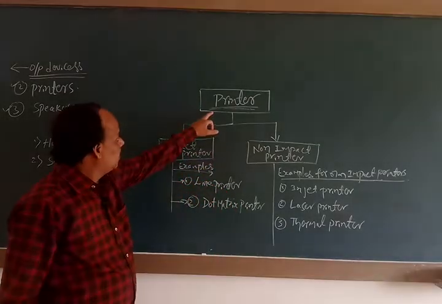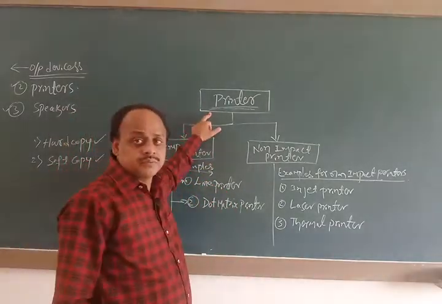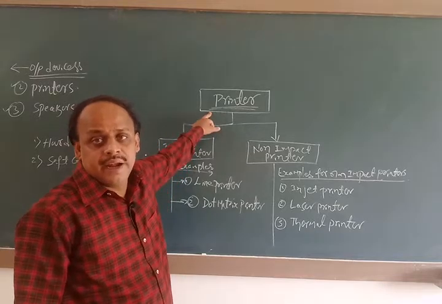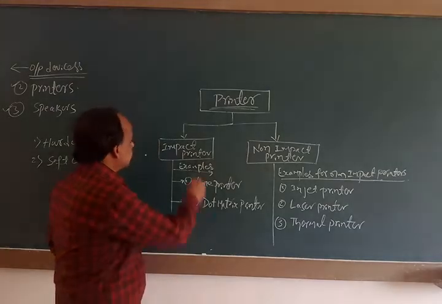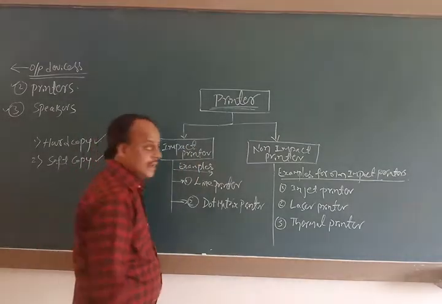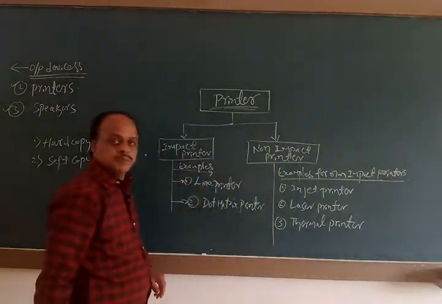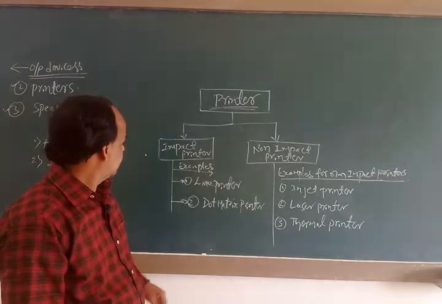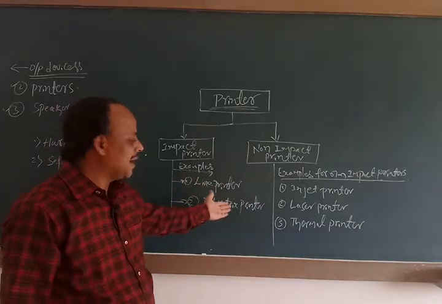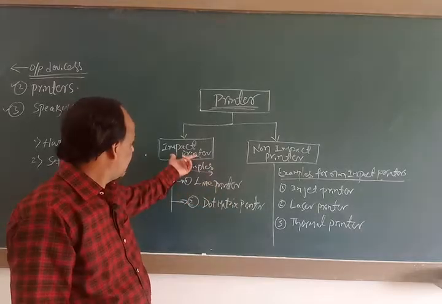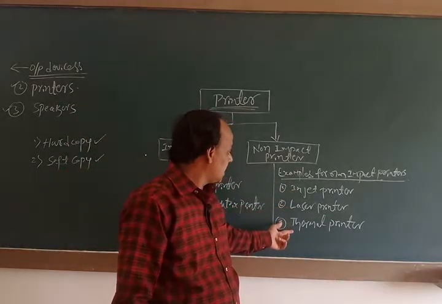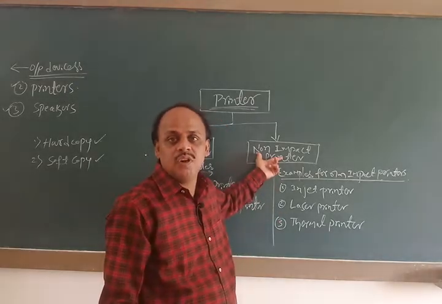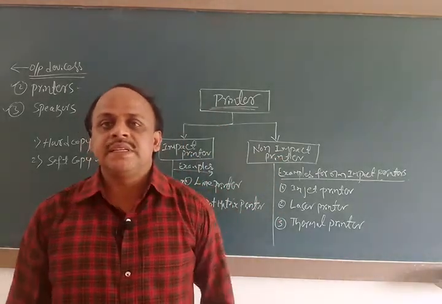On the basis of working and quality, printers are classified into two types: impact printer and non-impact printer. Line printer and dot matrix printer are examples of impact printers. Inkjet printer, laser printer and thermal printer are examples of non-impact printers.